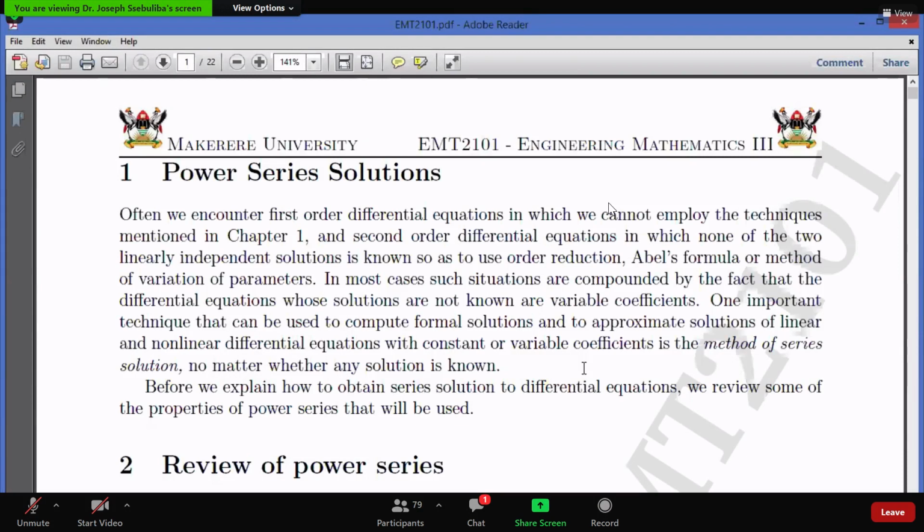You remember we looked at Abel's formula, we looked at the method of variation of parameters, and a number of different categories. Besides variation of parameters, there were also many other different forms of equations that we looked at, and for each method we looked at, we justified why we did that and why other approaches wouldn't work.